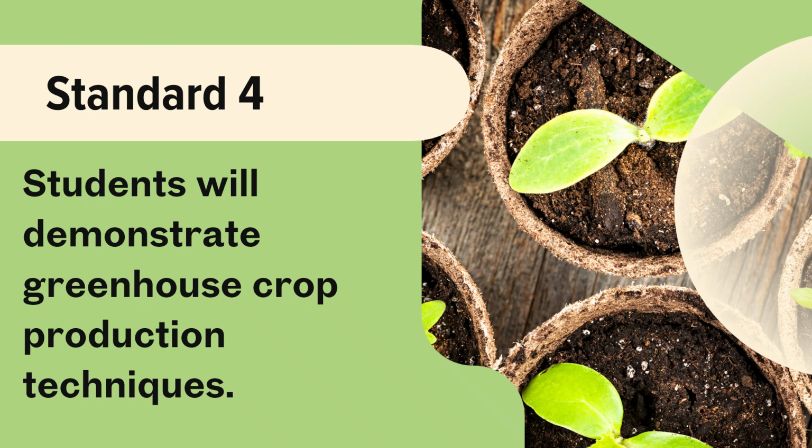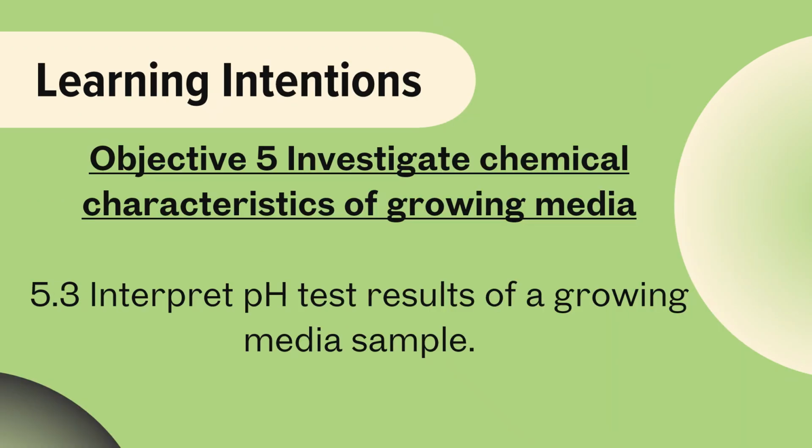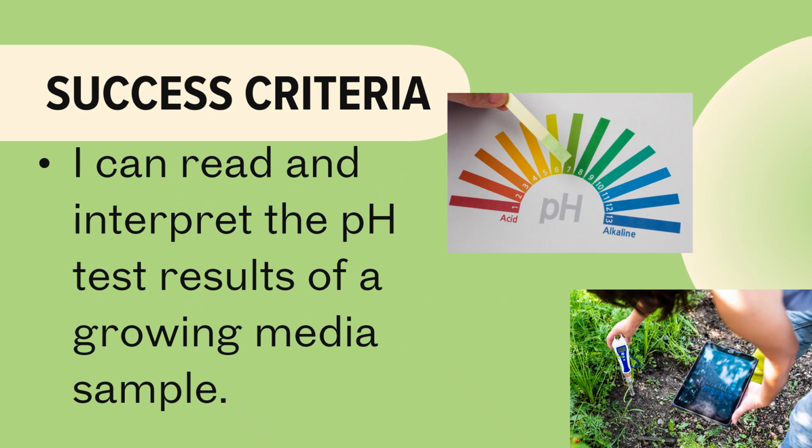We're demonstrating greenhouse crop production techniques, and we're looking at standard 5, objective 5, where we're going to investigate the chemical characteristics of growing media. In this case, we're going to interpret our test results. You want to be able to read and interpret the pH test results of growing medias, and you also want to be able to define.